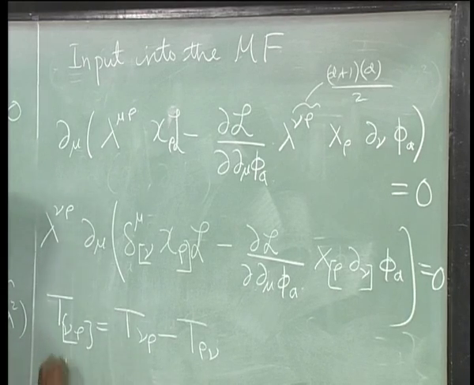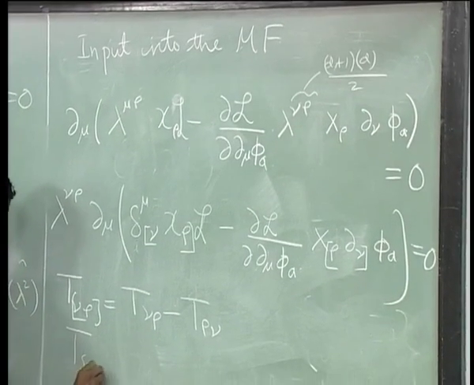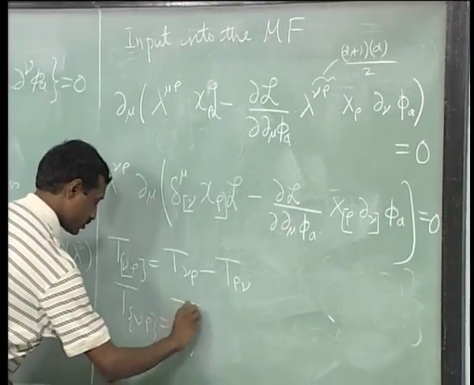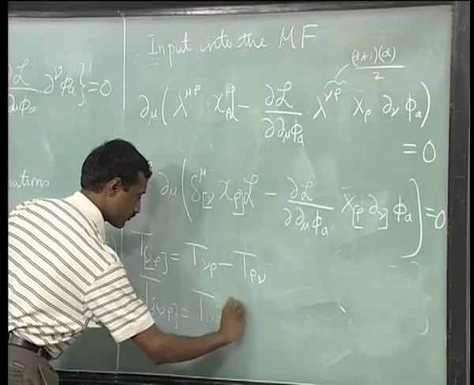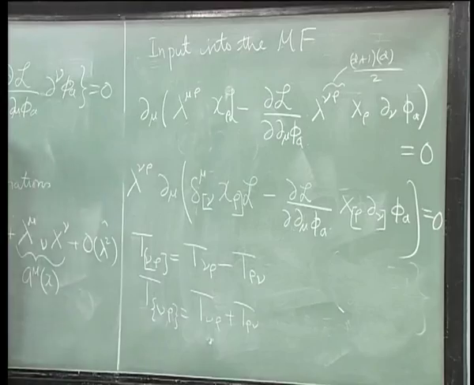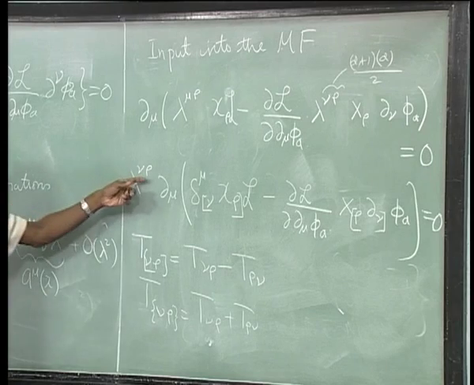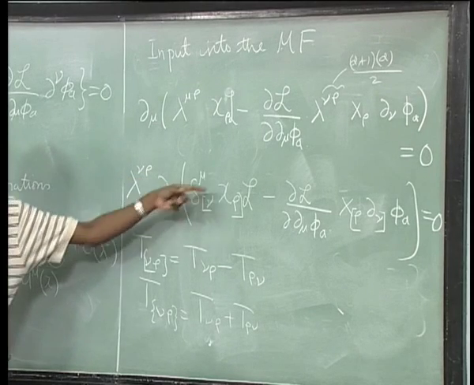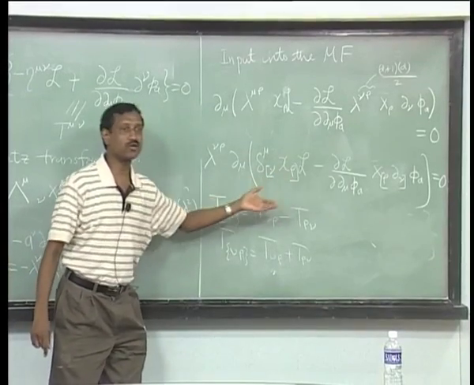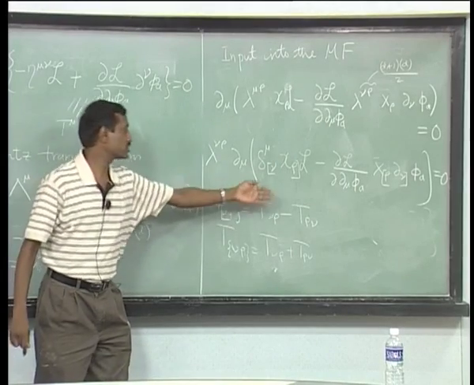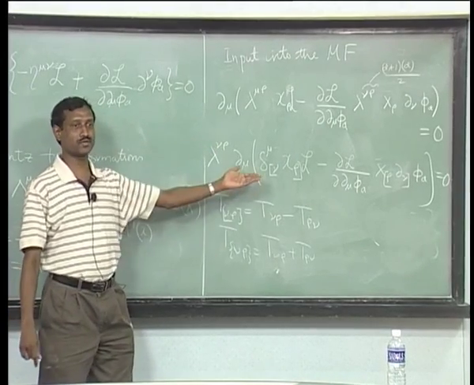And there is a similar notation which is to symmetrize. Since the lambdas are antisymmetric, it follows that the symmetric part of this does not contribute, because symmetric contracted with antisymmetric is zero.